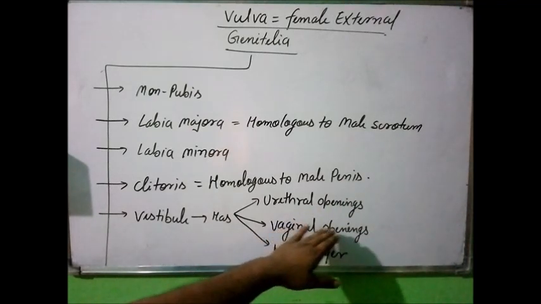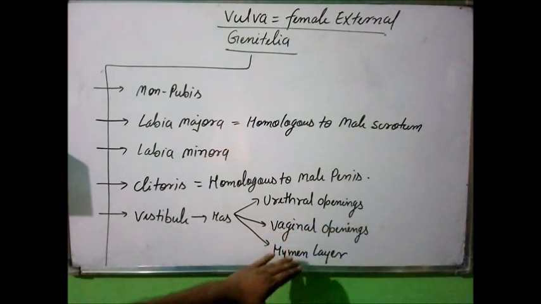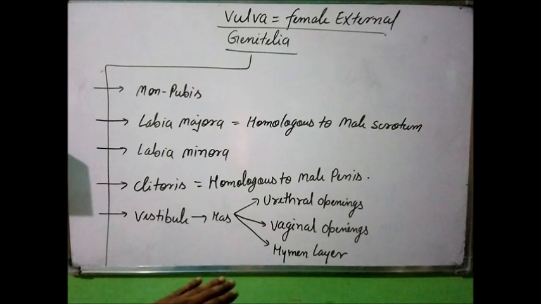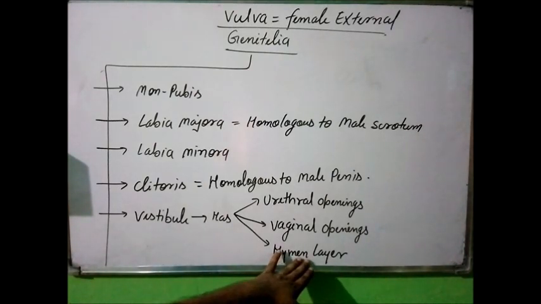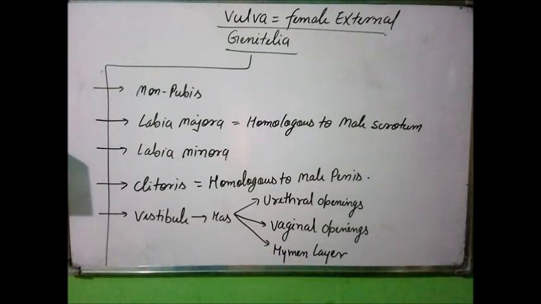Vaginal opening, that is vaginal orifice, is present, and vaginal opening in case of teenage, it is partially covered by a layer called as hymen layer or layer of virginity, but this layer can be ruptured by physical exercise like cycling, horse riding, running, jumping, etc. So that is why it is not actually the symbol of virginity in case of female. Okay, so these are the different components of external genitalia.